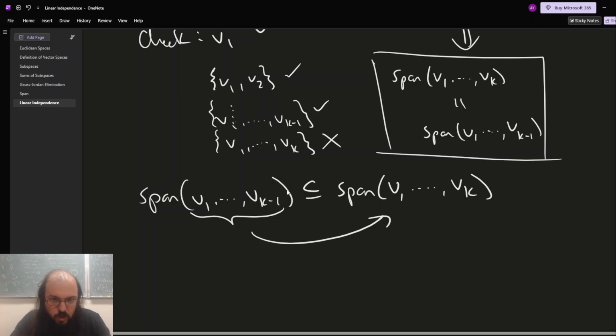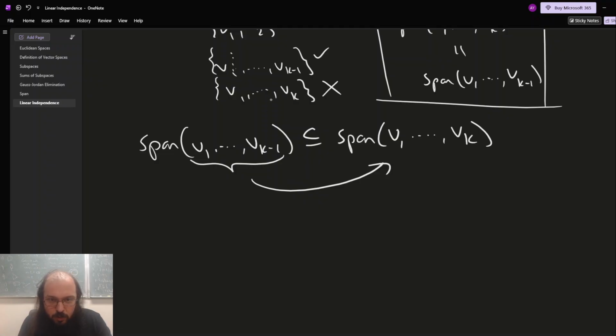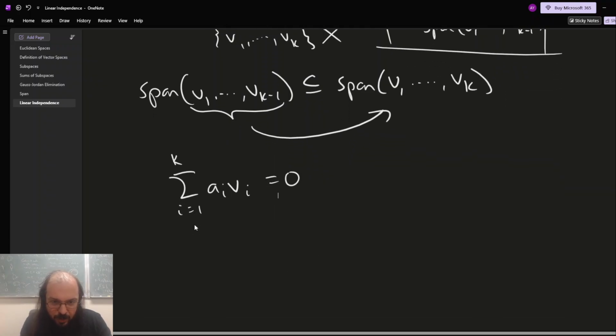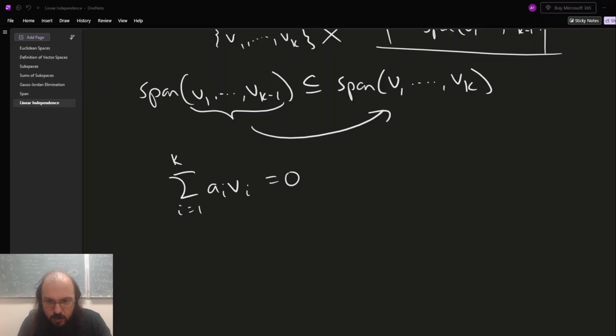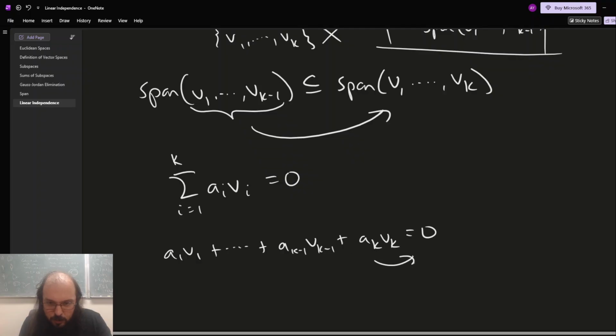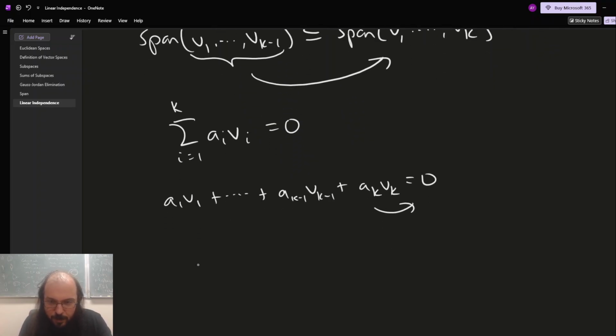For the part that's genuinely new, for the reverse direction, in other words, that the reverse inclusion holds, what you should notice is that since V1 through VK minus 1 are linearly independent, then I take my sum of AIVI, where I ranges up to K. Since that's equal to 0, I can break off the last thing VK. I could write this out as A1V1 plus up to AK minus 1 VK minus 1 plus AK VK. And then let's put this guy over here and divide by AK while we're at it.